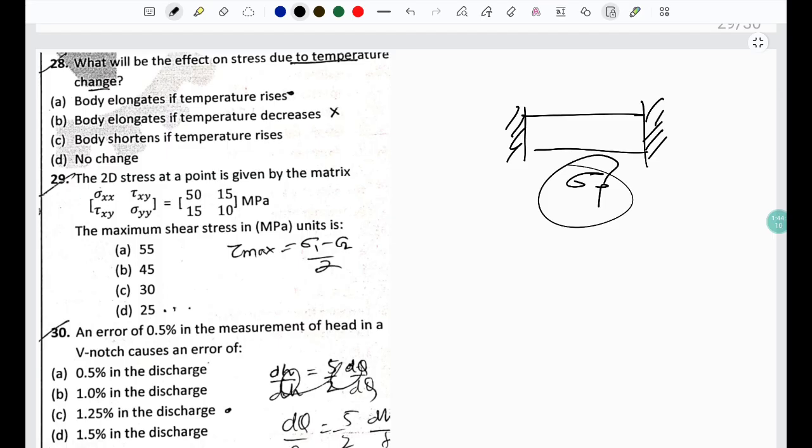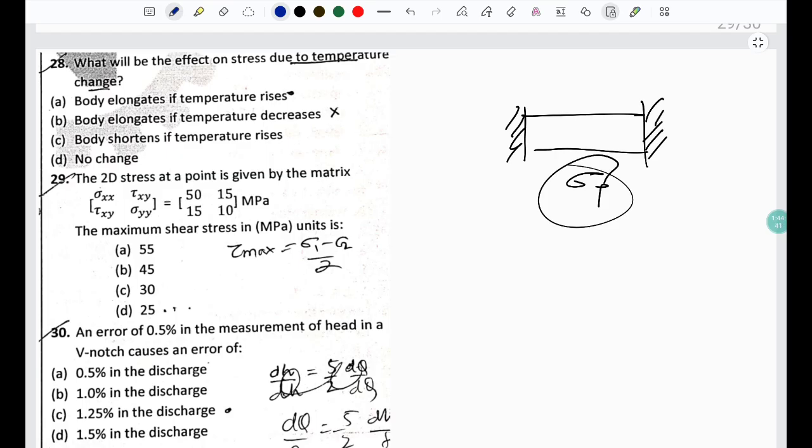Like if the temperature is increased, it will try to expand, but the restraint won't allow it to expand, so the stresses generated inside that body will be compressive, and the opposite happens. But in this case, since nothing is mentioned, we will assume that the body is restrained, and the body will try to elongate if the temperature rises, but the stresses generated would be compressive.